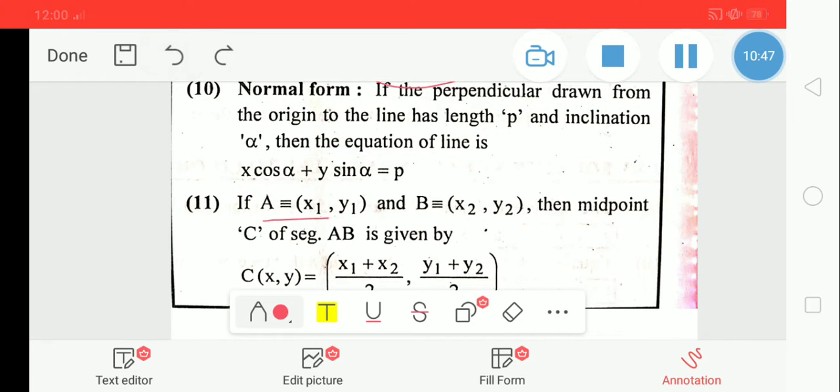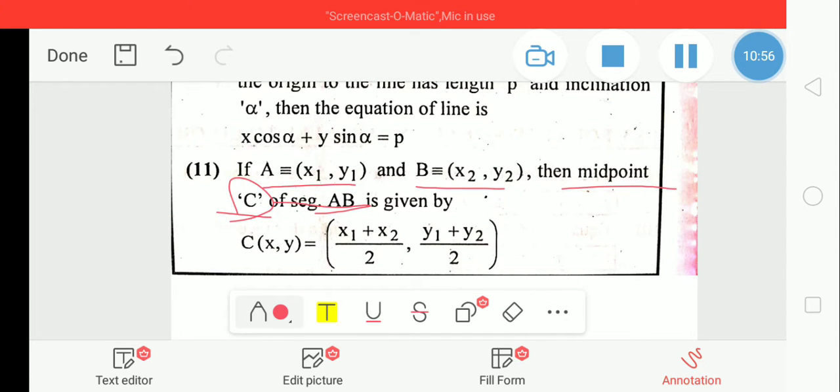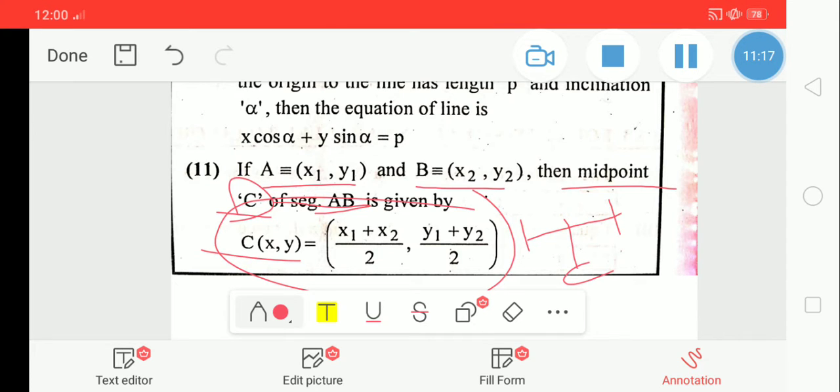Now here the points are A and B, and C is the midpoint of segment AB. So using this, we find the midpoint C. These are two points, A and B, on a line, and finding the midpoint, that is C. So C of x y is x1 plus x2 divided by 2, y1 plus y2 divided by 2.